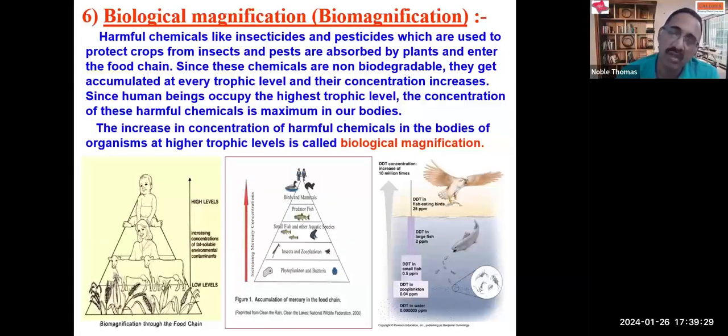Every frog has 10 drops of poison, and such 10 frogs were eaten by the snake. That means the snake's body right now has 100 drops of poison, 10 into 10. So you can see the total amount of poison keeps on increasing from lower trophic level to higher trophic level, and that is what we call biomagnification.